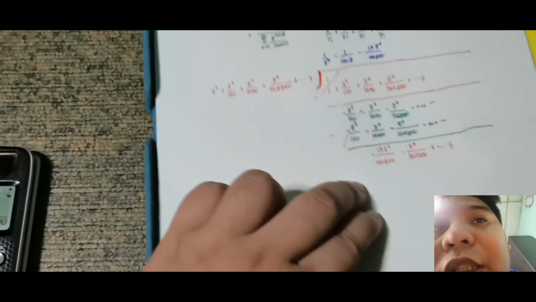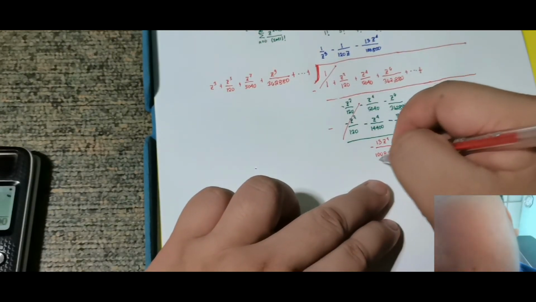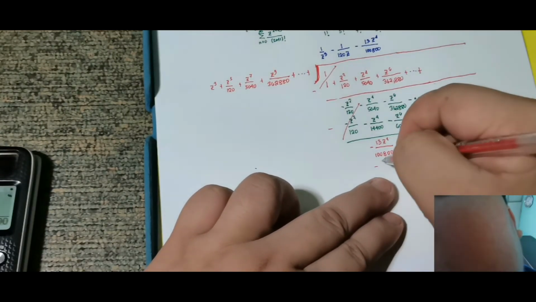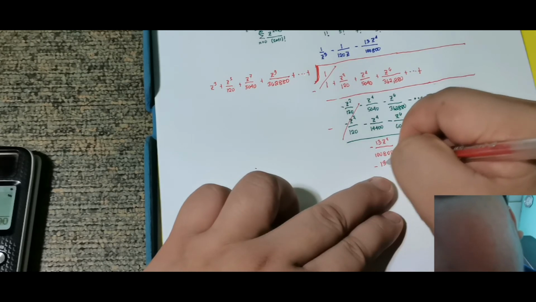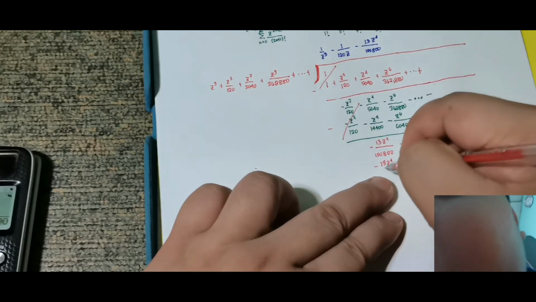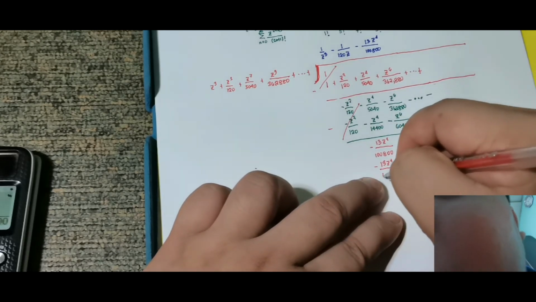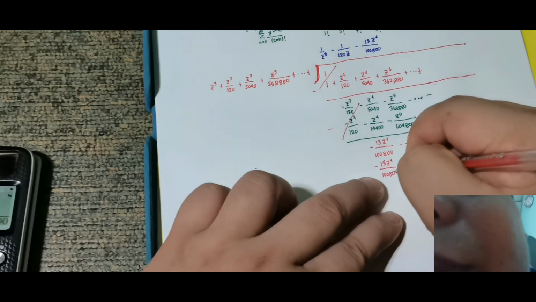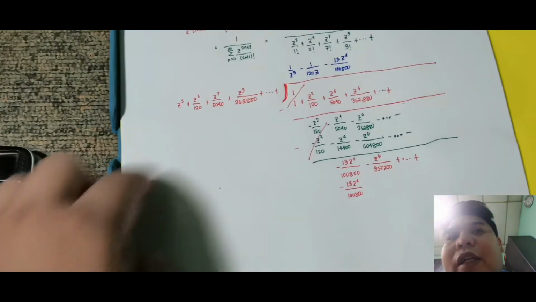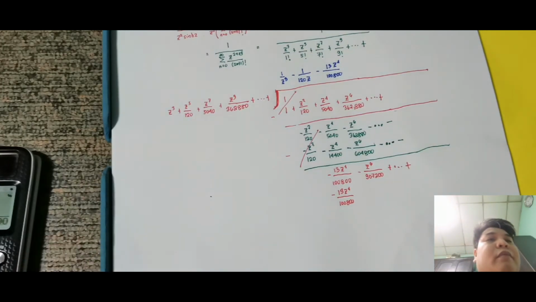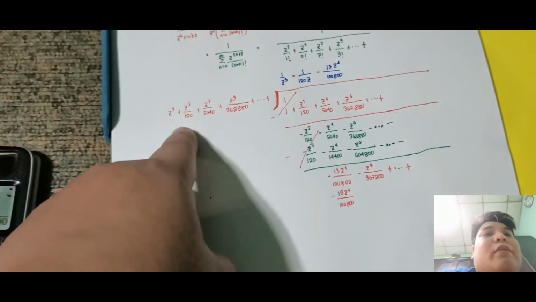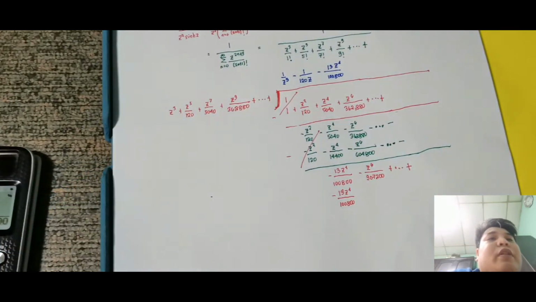So obviously that is negative 13. It is negative 13 z to the fourth over 100,800. Okay, then multiply natin ulit yung dyan. So negative 13 times dito, that is negative 13.